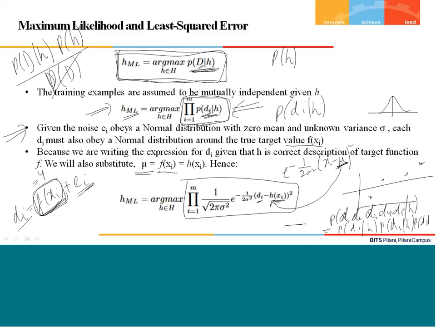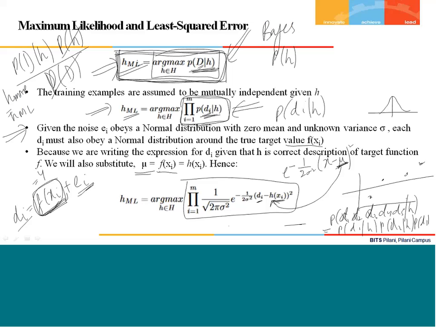Here P(D) is constant, I am ignoring. Here P(H) is equally probable, I am ignoring. So my maximum a posteriori hypothesis H_MAP equals H_ML, and this is this. I am using this expression for maximum likelihood, and this expression came from Bayes theorem.